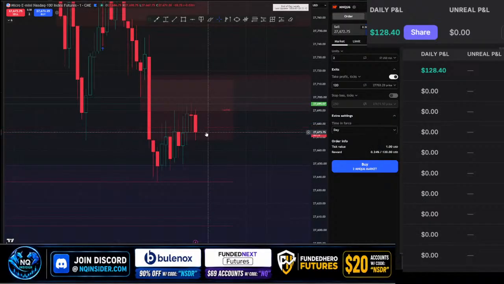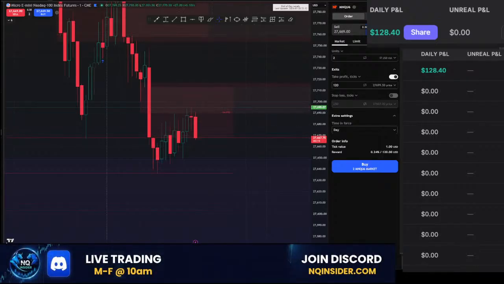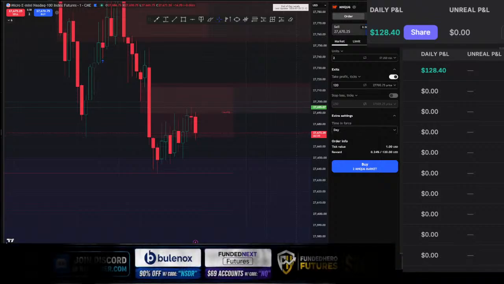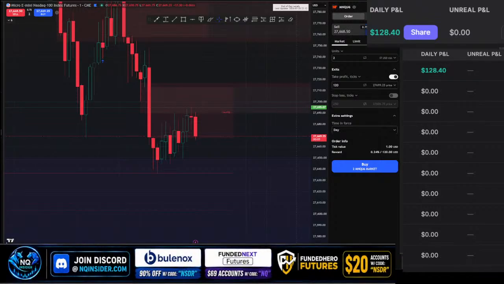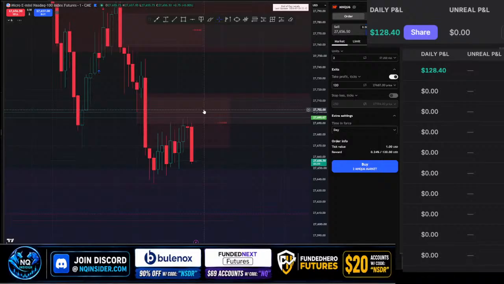If I short this right now, they could just go higher for 7 straight minutes and just blow my account. You need to see something, and it needs to be aligned with a 15-minute time block today. If it is not, you're going to get roasted. Because you're going to short it, and that 15-minute time block is going to be bullish. Or you're going to long it, and that 15-minute time block is going to be bearish.